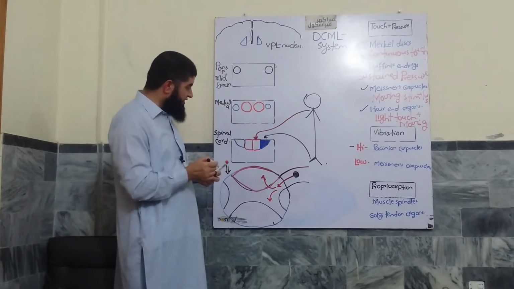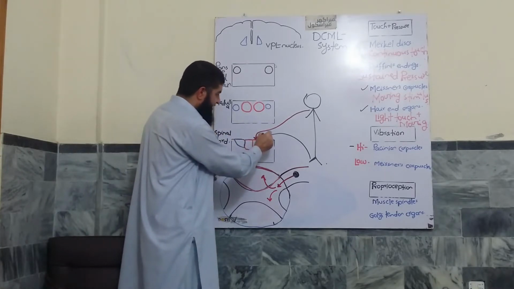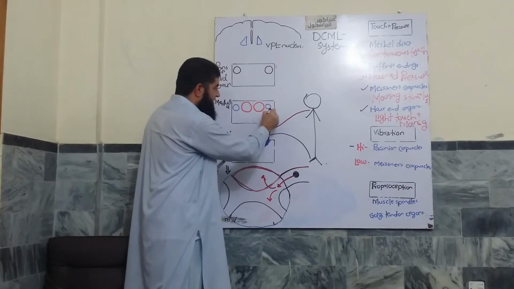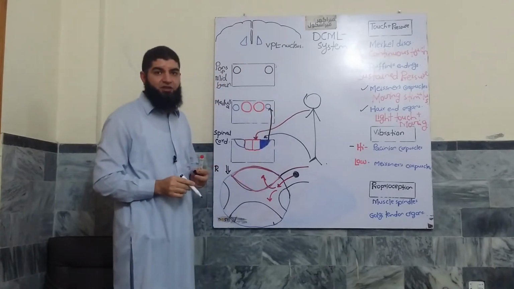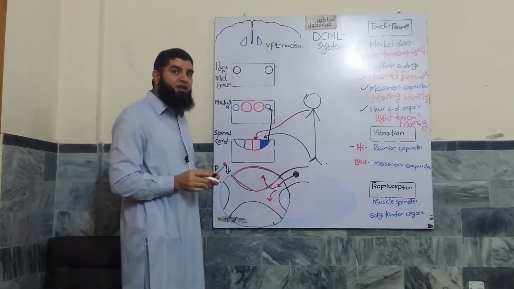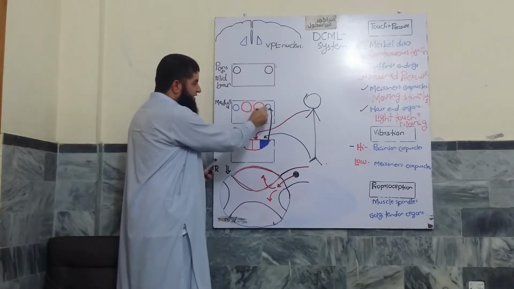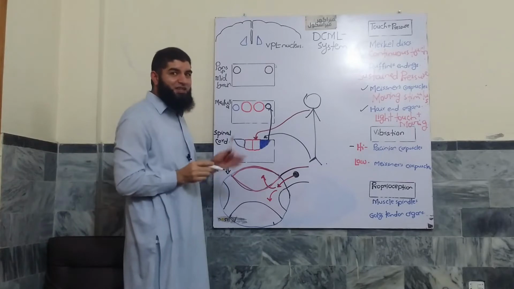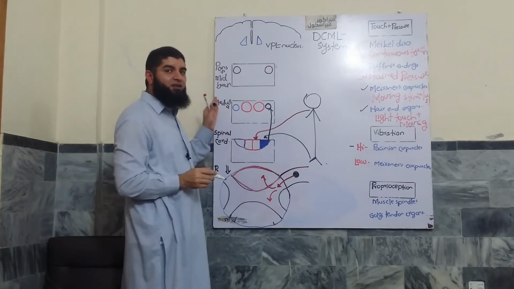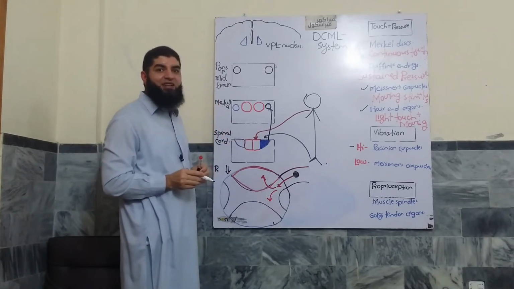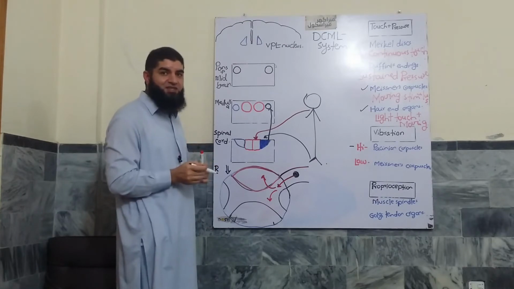So if we draw it, we get something like this for the first order neurons. From here, we get the second order neurons, which project from the corresponding nucleus, gracilis in this case, and cross over to the opposite side in the medulla, the great sensory decussation.